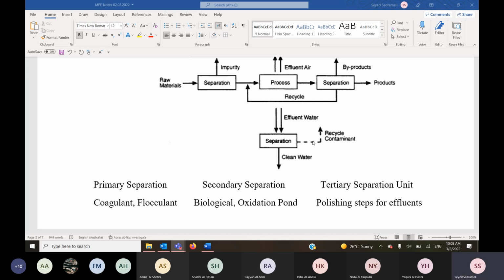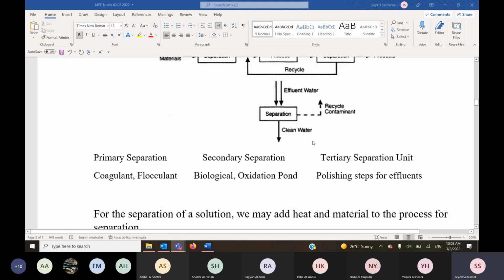The separation processes may be primary separation, secondary separation, or tertiary separation units. Primary separations are coagulation or flocculation. Secondary separations are biological or oxidation ponds. And the tertiary separation unit may be polishing steps for effluents.